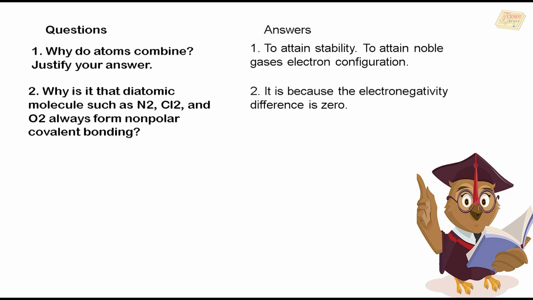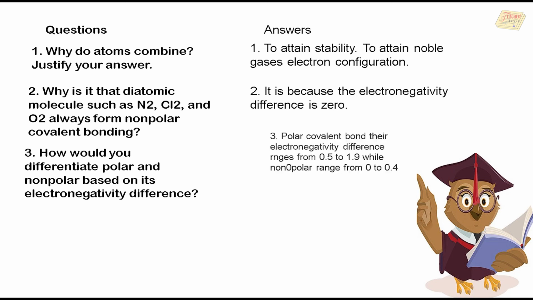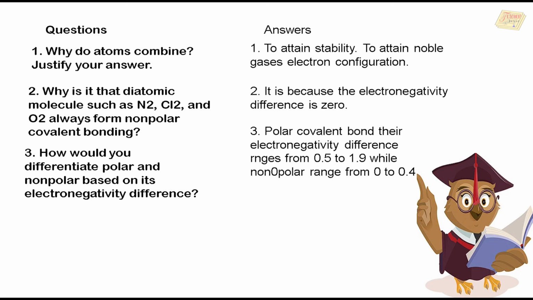It is because the electronegativity difference is 0. How would you differentiate polar and non-polar based on its electronegativity difference? Polar covalent bond, their electronegativity difference ranges from 0.5 to 1.9, while non-polar ranges from 0 to 0.4.